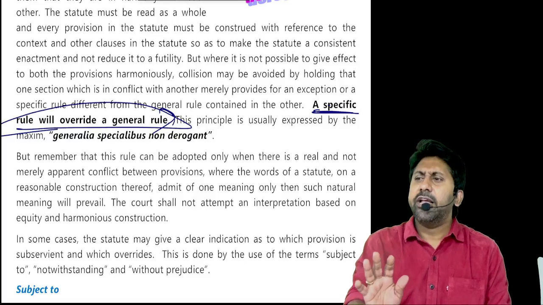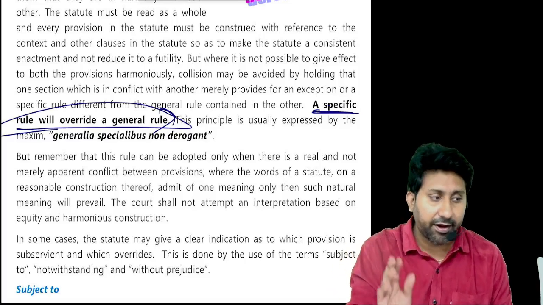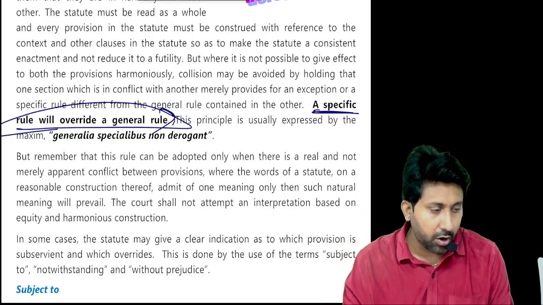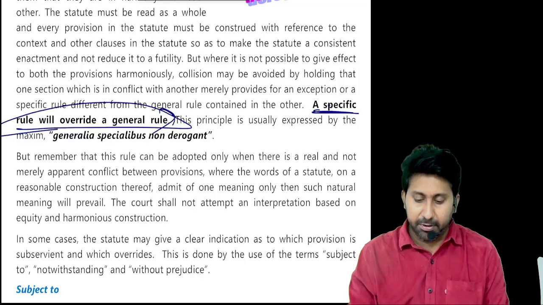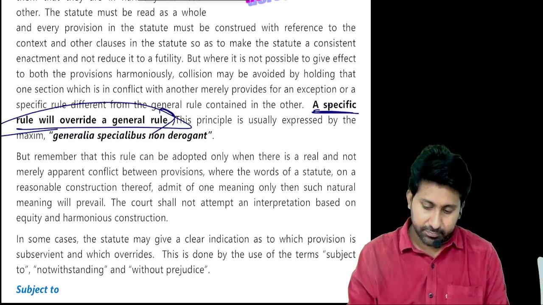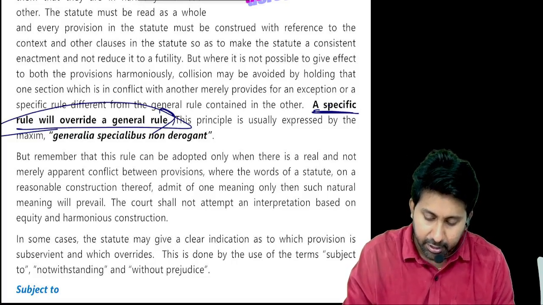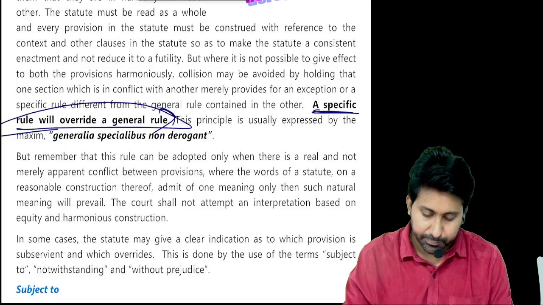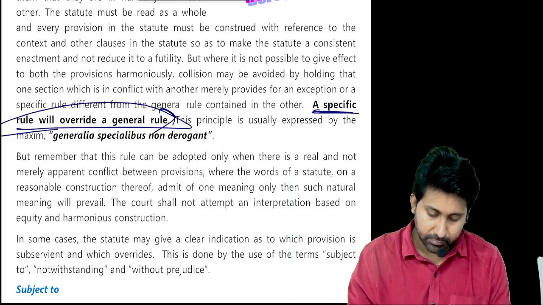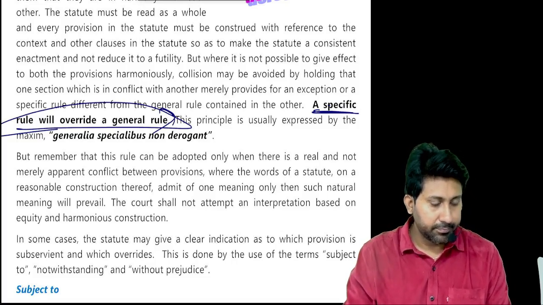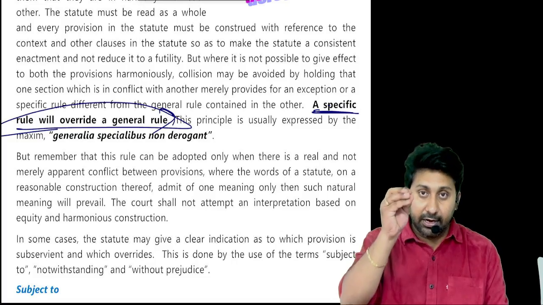Apparent conflict means it seems to be like a conflict, but really it should be there. It should be a real conflict but not an apparent conflict between the provisions. Okay, full stop.